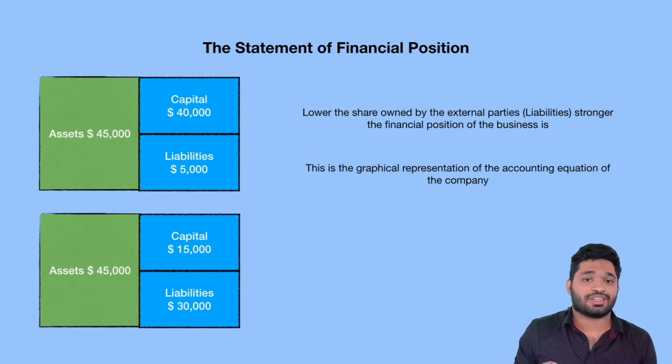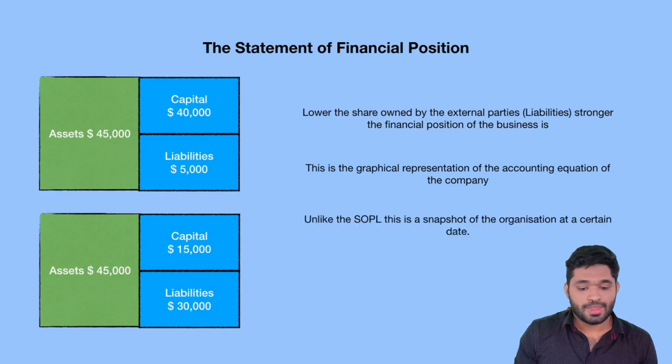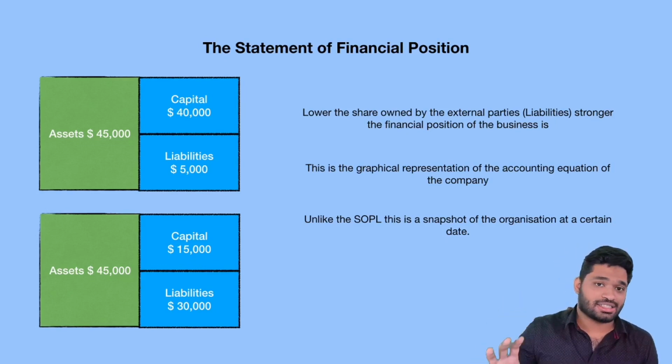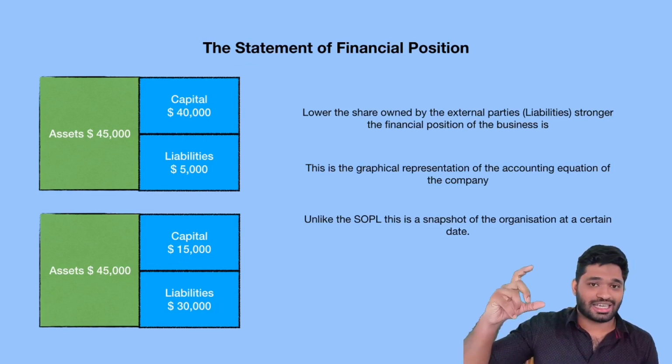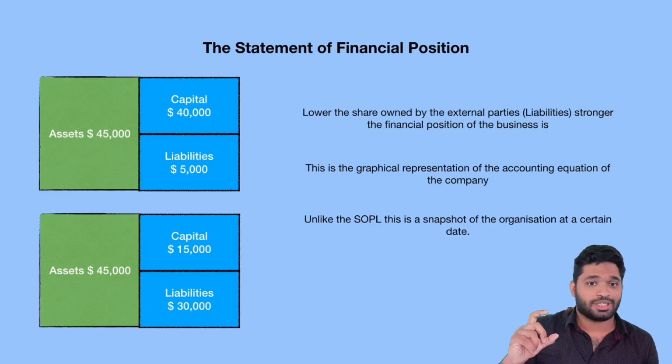This is the graphical interpretation of your accounting equation, right? Now guys, unlike the statement of profit or loss, we are not looking at a financial period. We are looking at the assets, capital, and liabilities as at a certain date. So this is like a snapshot of your assets on a certain date, the snapshot of your liabilities on a certain date, and your capital at a certain date, right?